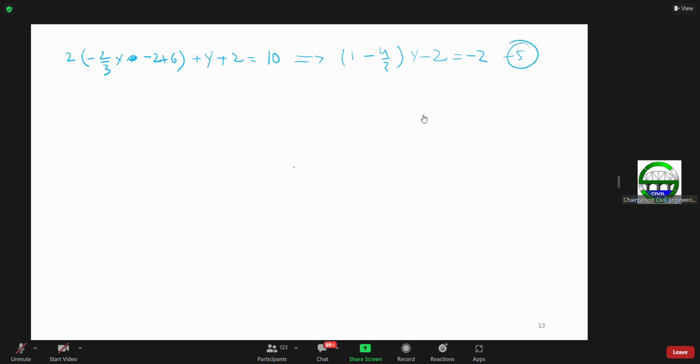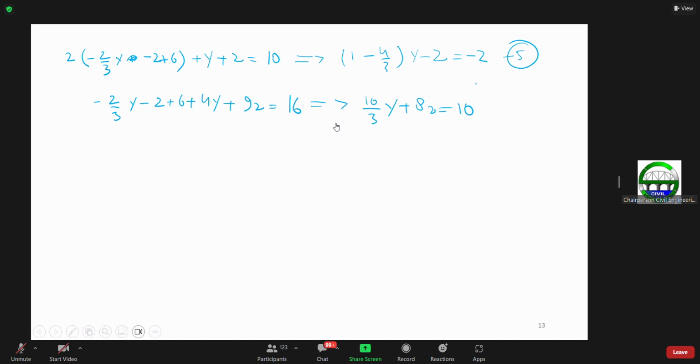And then from the other equation, it will be equal to minus 2 by 3 y minus z plus 6 plus 4y plus 9z is equal to 16. Then simplify it again, and after simplifying you will have 10 by 3 y plus 8z is equal to 10.